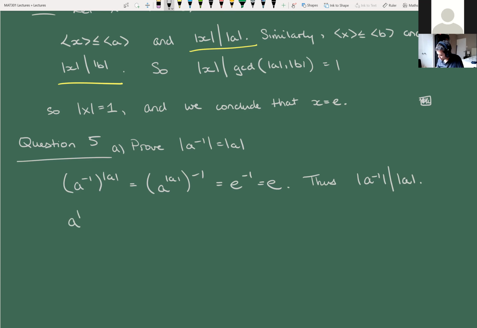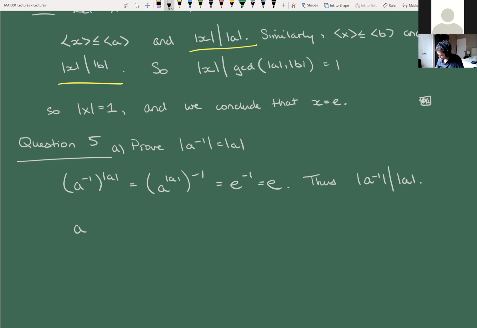If I take A to the power of A inverse, well, actually, is that what I want to do here? Let me think. Yeah, and basically the opposite direction is also true. What do I want to say here? How am I going to parse this together?